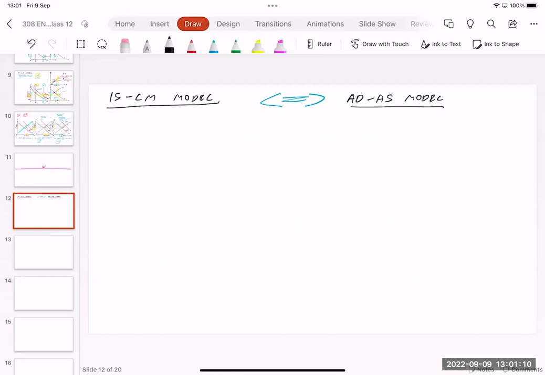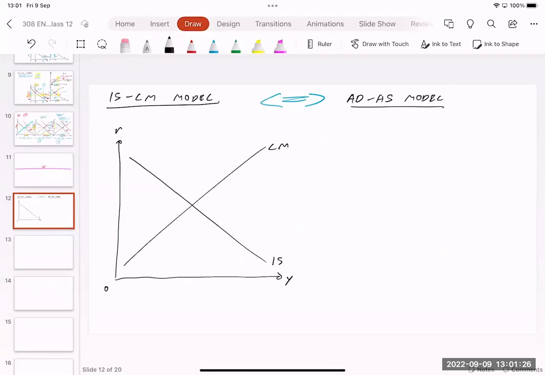For the IS-LM model, you're going to have a graph like this. On the horizontal axis is Y for the GDP. On the vertical axis you have a small r for the real interest rate. You have the IS curve and the LM curve.